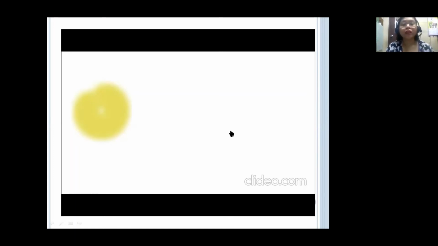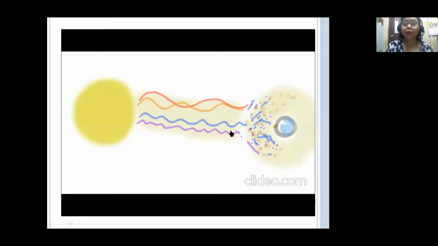Now, let's talk about the reason why sunset is red. Okay? So by the way, the visible light spectrum arrives all together. Okay, so here's the thing.